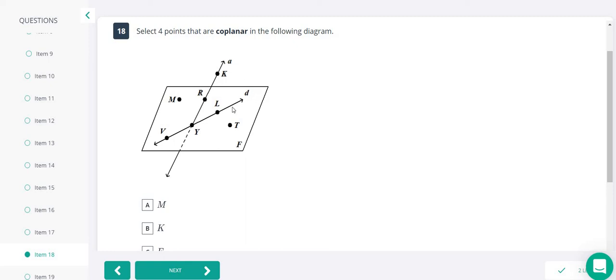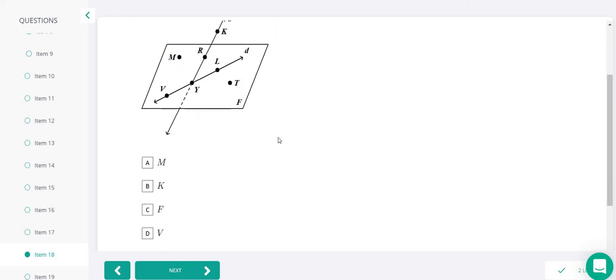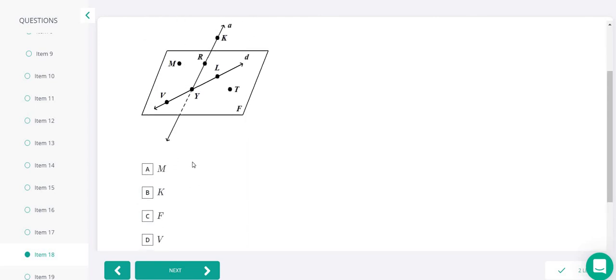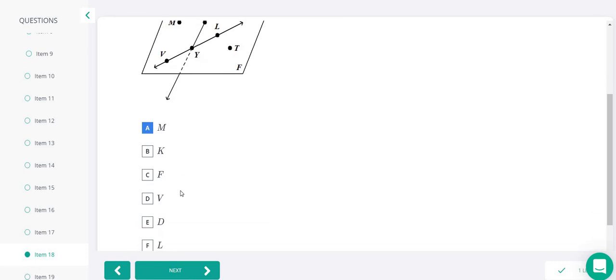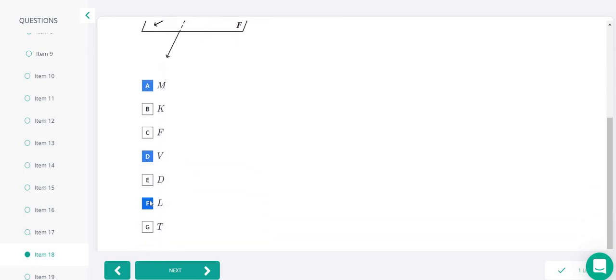And D and A are also names of these lines, also not points. So you can choose any of these six: V, M, R, Y, L, and T. So let's go with M, V, L, and T.